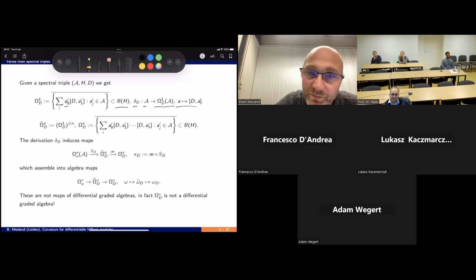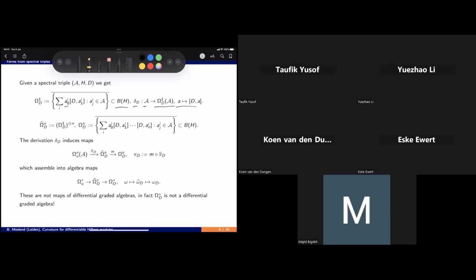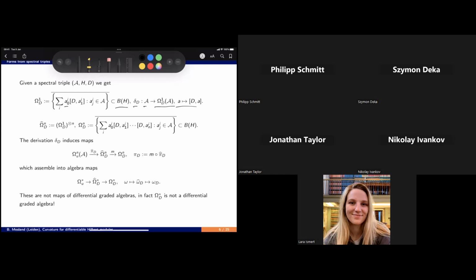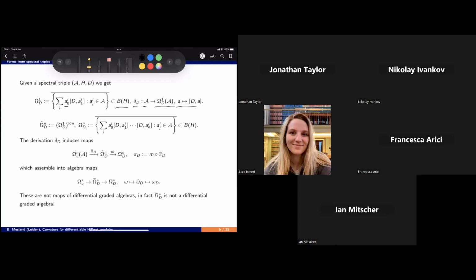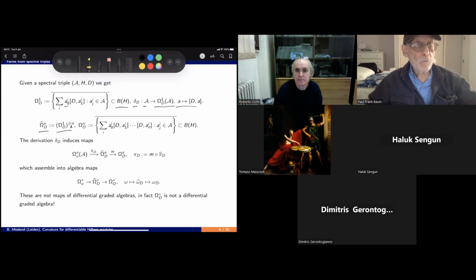All right, we go on now with this data. We have a module of 1 forms that is naturally given to us when we have a spectral triple, and we can then consider 2 things. Here I write omega hat n of d, by which I mean the n-fold tensor product over, say, the curly A of this omega 1 d with itself.